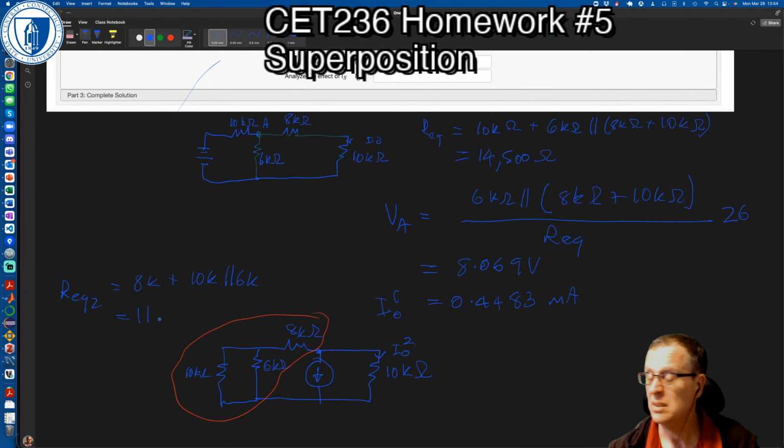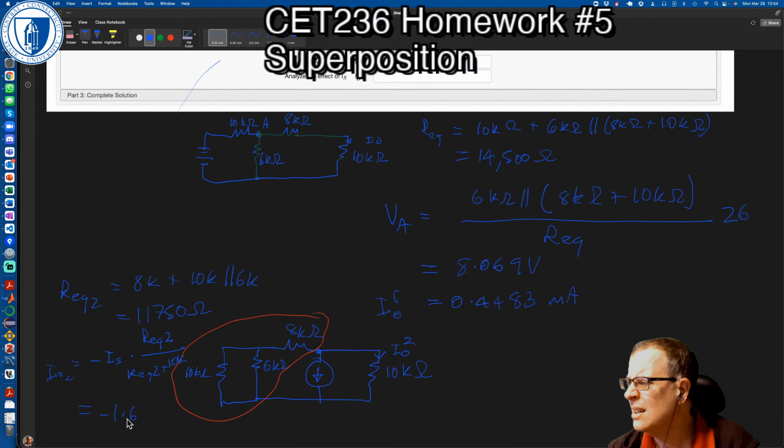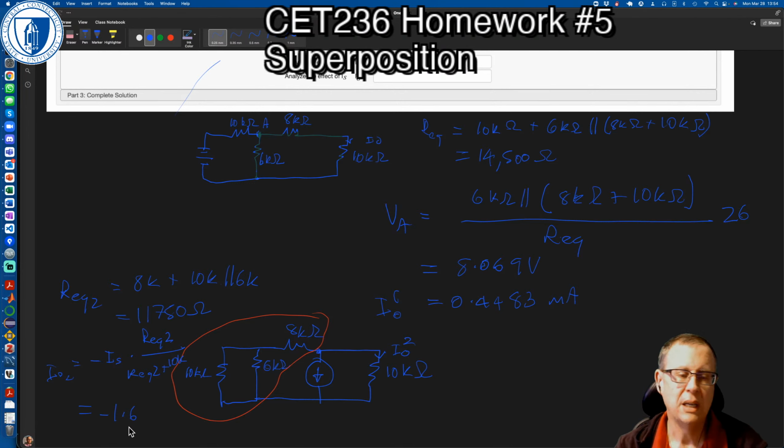So it's going to be 11,750 ohms, and our I out 2 is going to be minus IS times the resistance in the other branch divided by the resistance in the other branch plus the resistance in this branch, and that gets us to minus 1.621 milliamps.